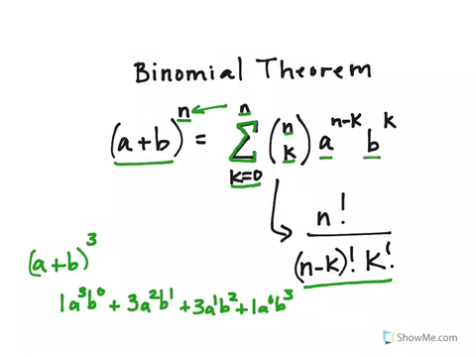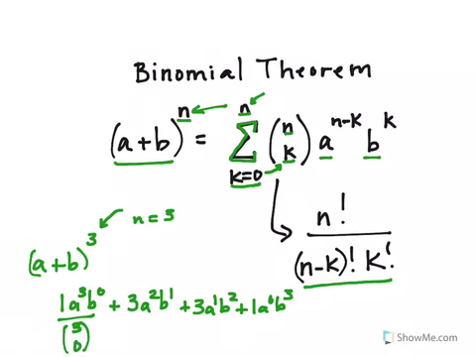So this is saying I'm going to plug in 0 up to n for k to give me each of these terms. For example, if n is equal to 3, my first term is going to be 3 choose 0.